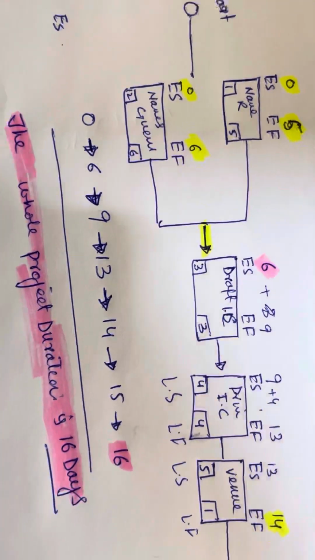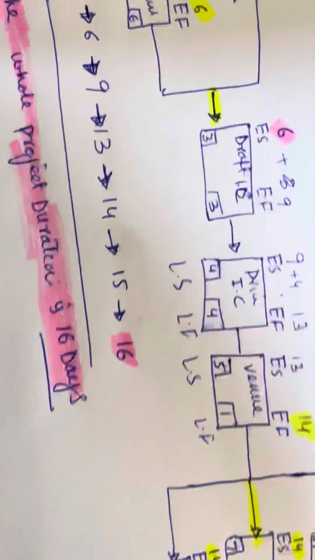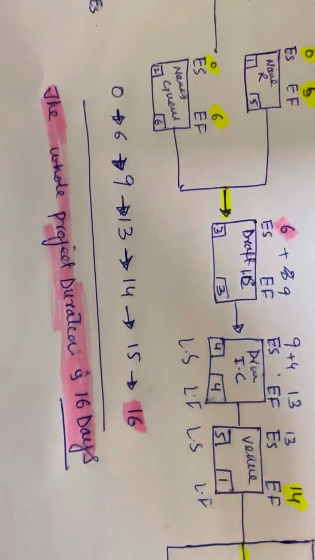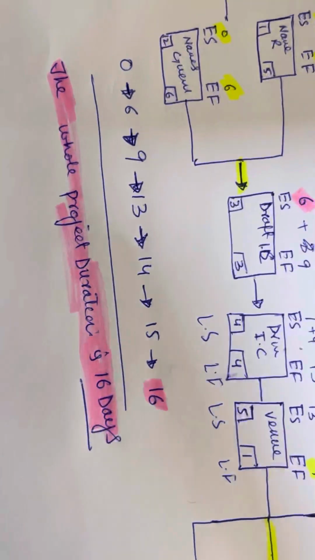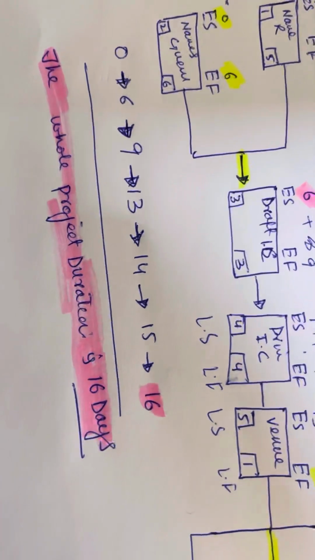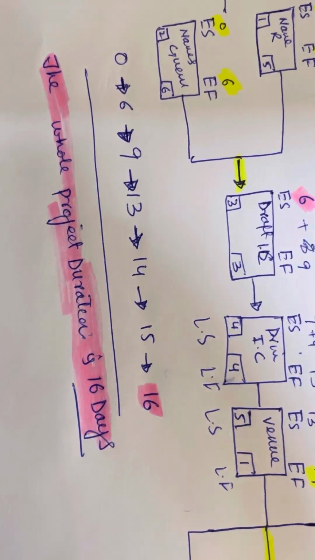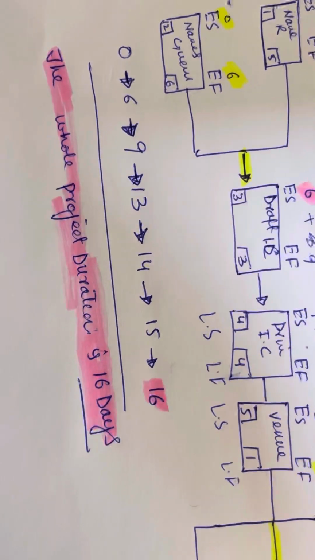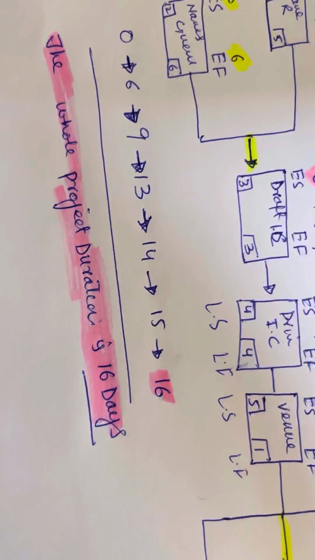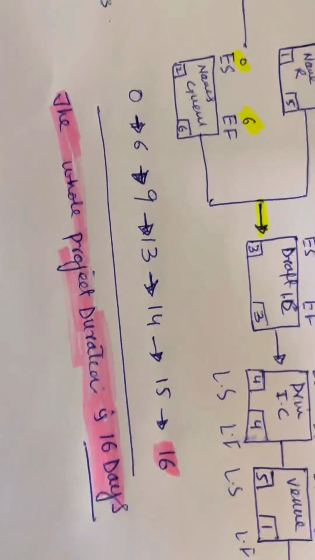So whatever you got, if you got minus slack, it means that you have to accelerate the critical path. And one thing I will tell you, I will do a video on this. Critical path is the longest path in the project.